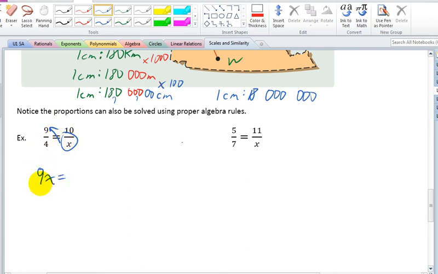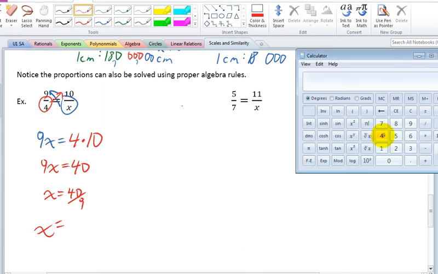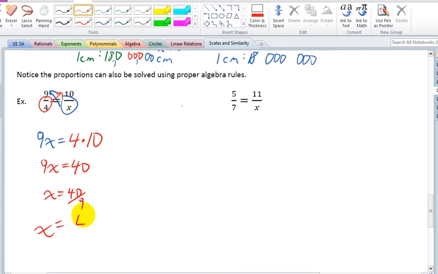We're going to do the same thing on the other side. Instead of dividing by 4, we're going to bring it up and multiply by 4. So we get 9x equals 40. And then x equals 40 divided by 9. One decimal place, please. 4.4.